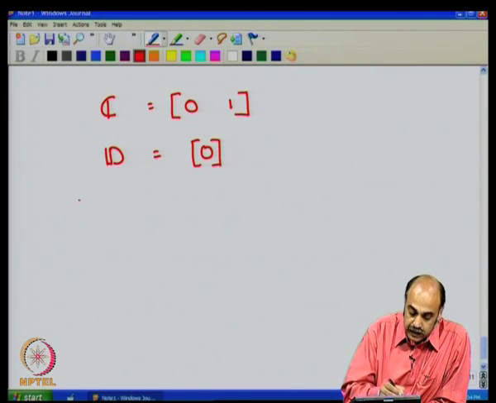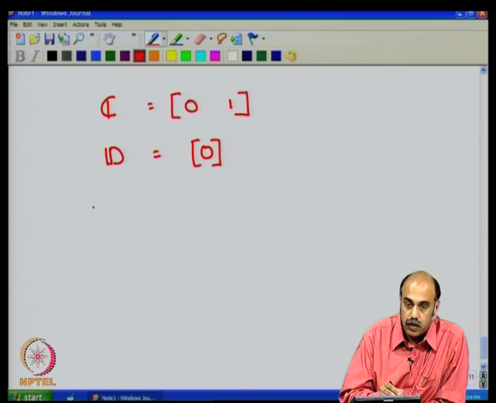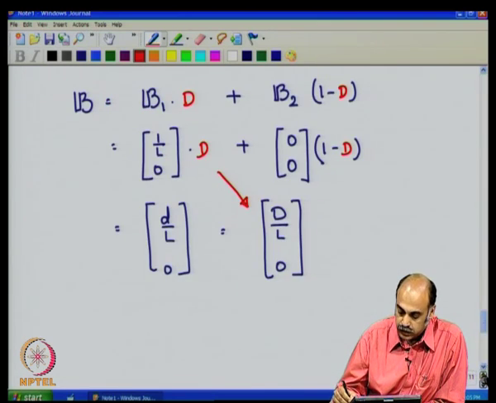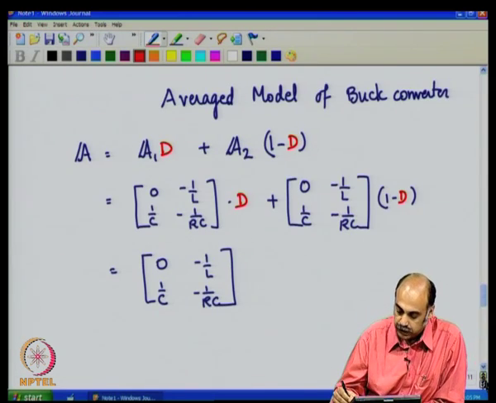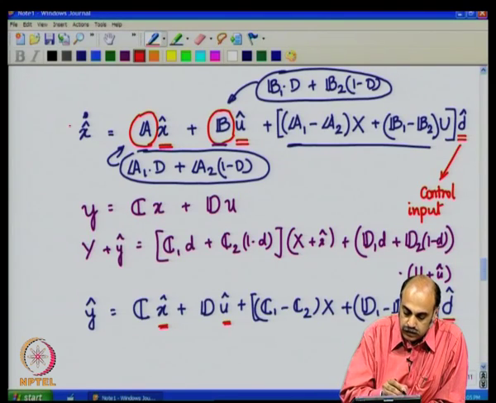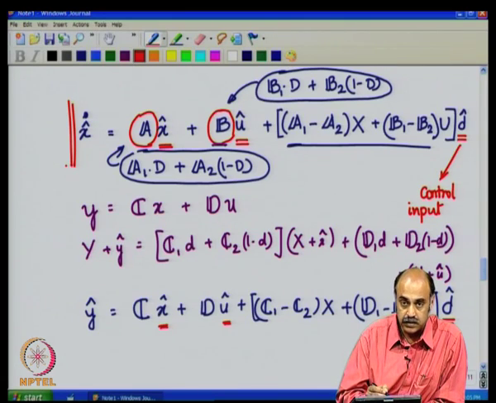So, from the averaged model, we obtain the small signal model by applying these values to these equations like this.